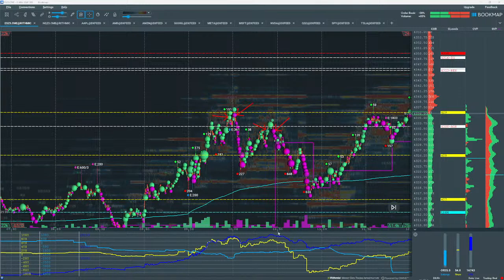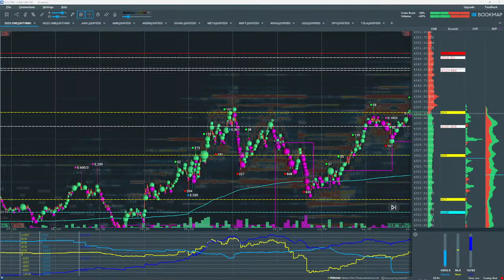And then the move lower is fueled by sell stop orders as well as aggressive sellers. You can see by the shift lower in the yellow line showing stop orders as well as the shift lower in cumulative volume delta. So this move lower was good for about 2 points in SPY, or around 20 points in the S&P 500.